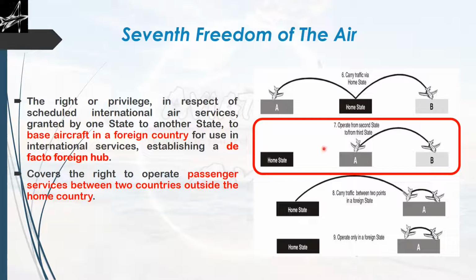So, as in this example, an airline of the home state sets up a hub in either country A or country B and conducts international air transport between these two countries, that is country A and country B. That is, it operates from the second state to or from the third state. This covers the right to operate passenger services between two countries outside the home country.